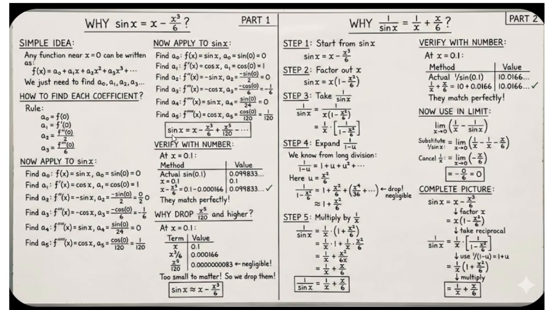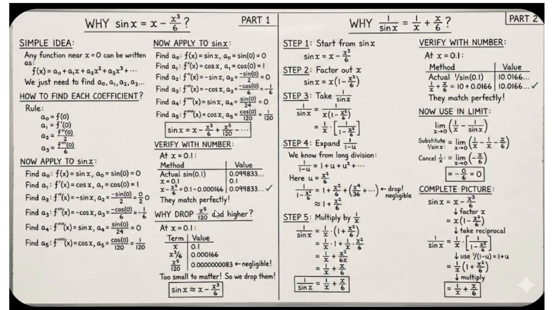But here we are doing x tends to 0, meaning x is, for example, 0.1. What we get is x equal to 0.1, sine of 0.1 is 0.099, approximately equal to 0.1. Therefore x minus x cube by 6 is also approximately that. Why do we drop x raised to 5 divided by 120 and the higher terms?